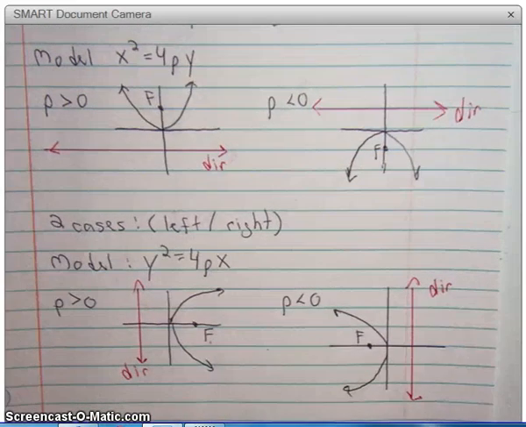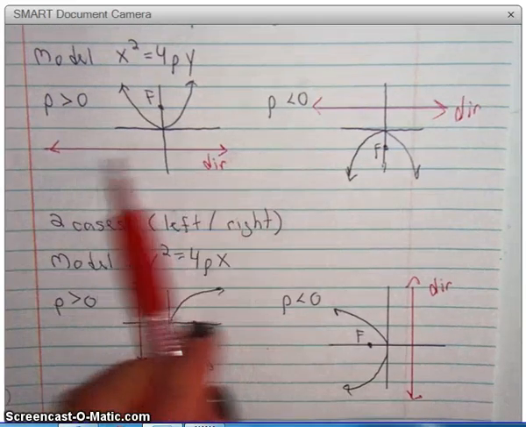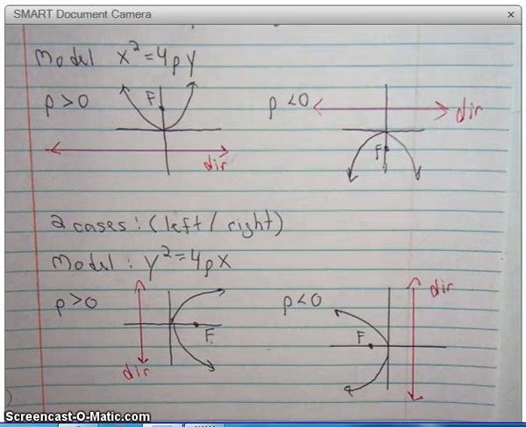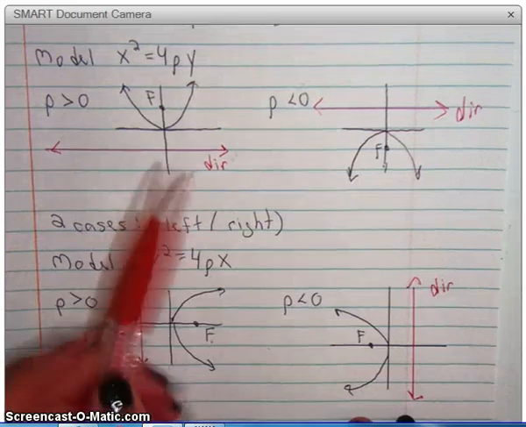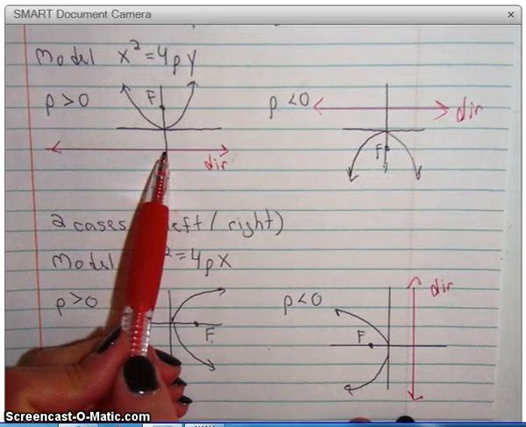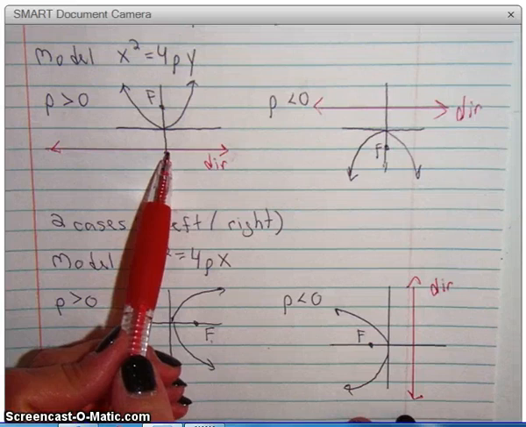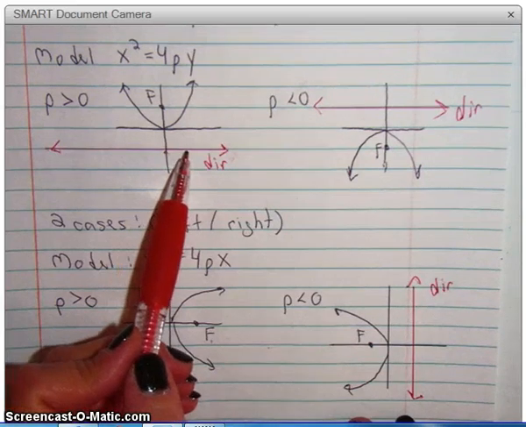Now, can we talk about what the equation of the directrix would look like? What does the equation of a horizontal line look like? What is the slope of a horizontal line? What's the rise and what's the run? How much do you rise, how much do you run to get to another point on this line?